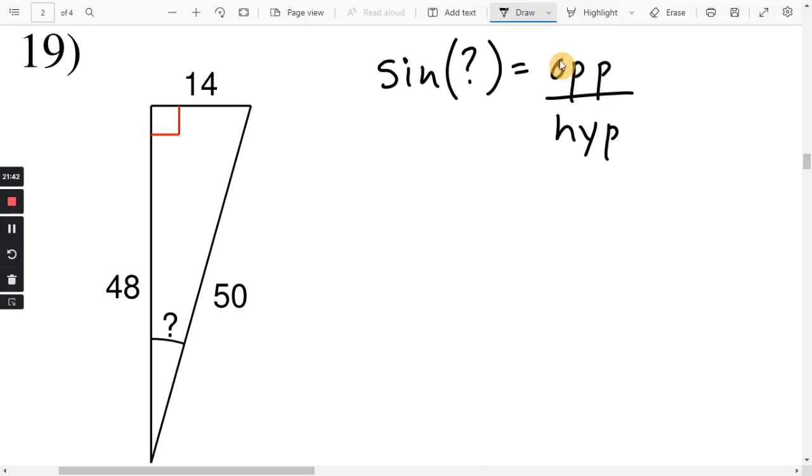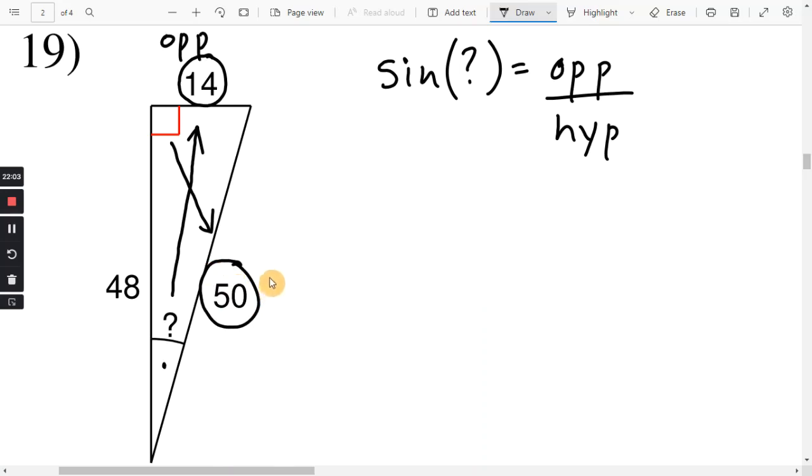And the reason for that is those are the easiest sides to find. For instance, on this angle right here, if you go across from that angle to the 14, that side is your opposite. And if you go across from the right angle to the side, that side is your hypotenuse. Okay, so if you're given all 3 sides, I would work with those 2 sides and just ignore the 3rd side.